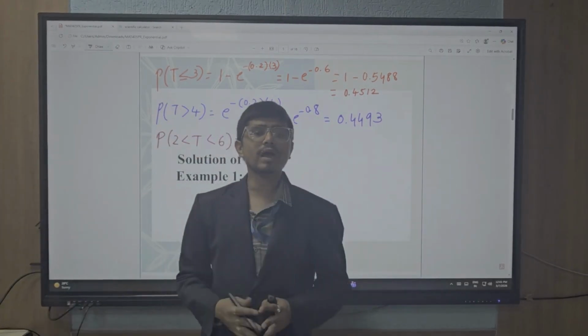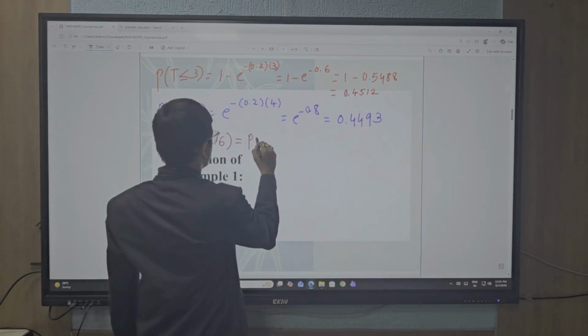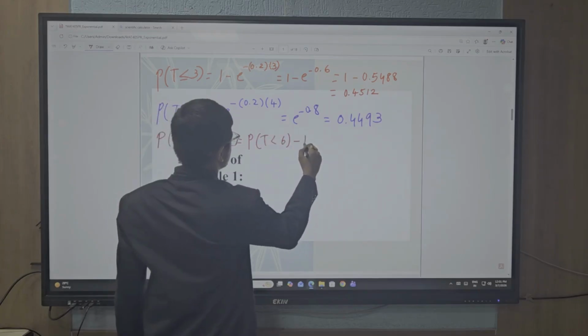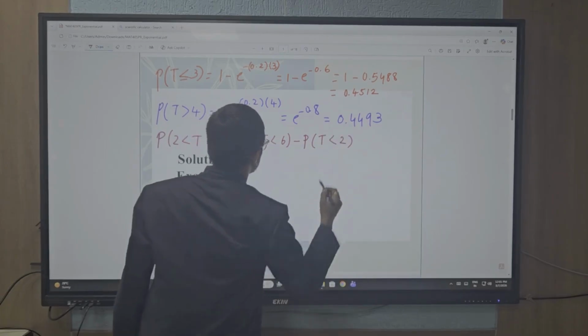So now we have to calculate the probability T less than 6 minus probability T less than 2.